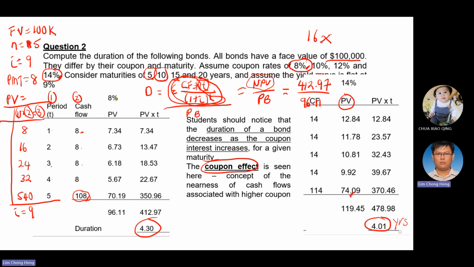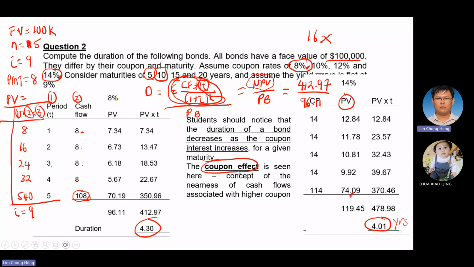This is because a high coupon bond is safer compared with a low coupon bond, as you can collect the money faster. This is what we call the coupon effect.